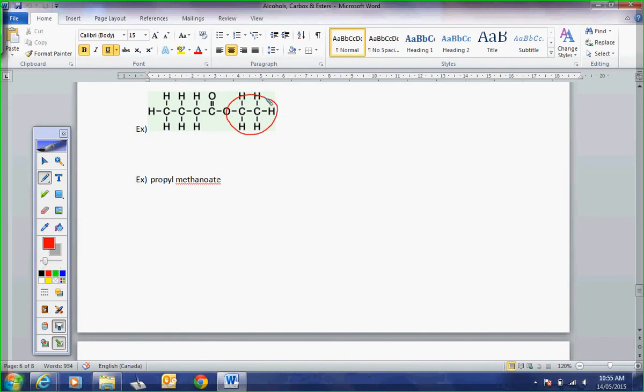No, that's the methanol. That was ethanol, right? So what do we call it now? Ethyl. And here's the carboxylic acid bit. And what was that called? Butanoic acid. And so I name it now butanoate.